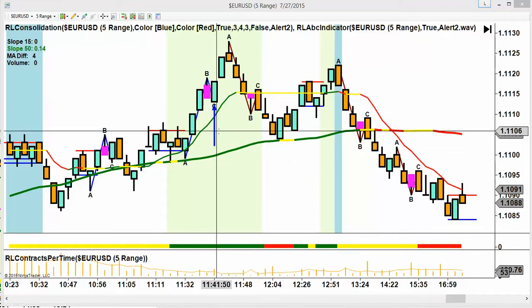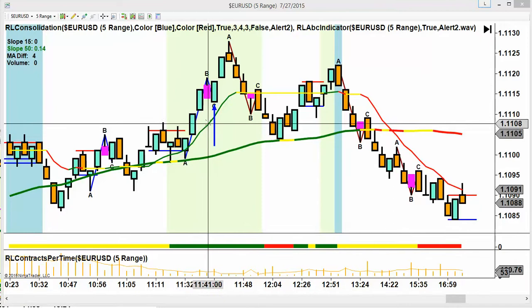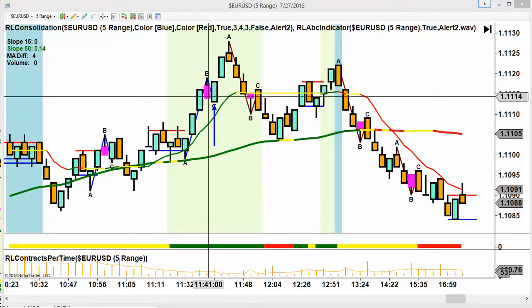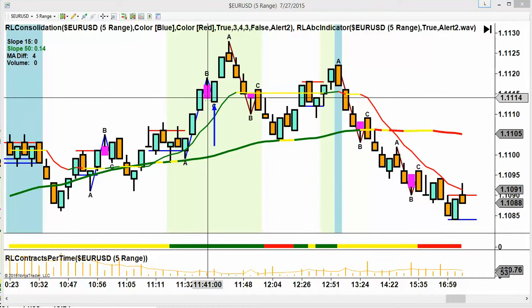Now what you see on the C is people trying to call tops. Everybody in this B candle, and I simply choose by default to color it magenta.